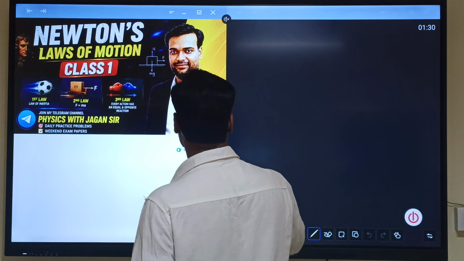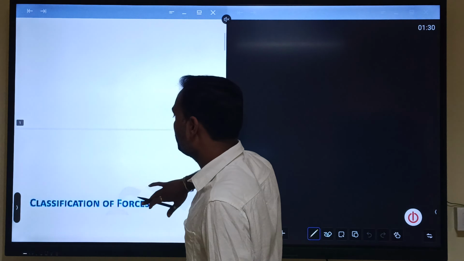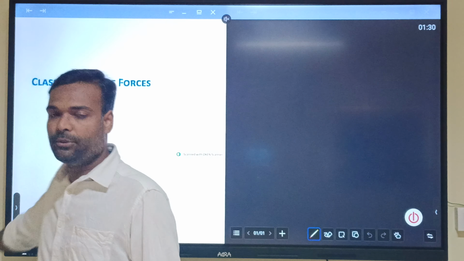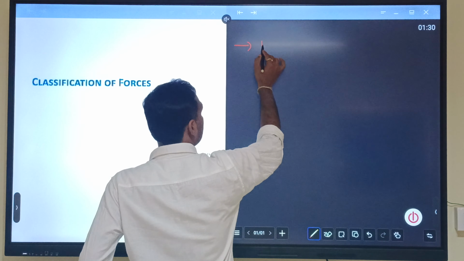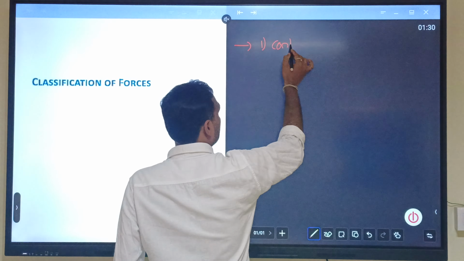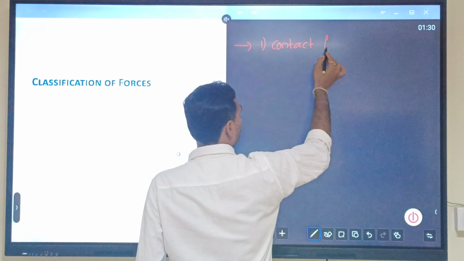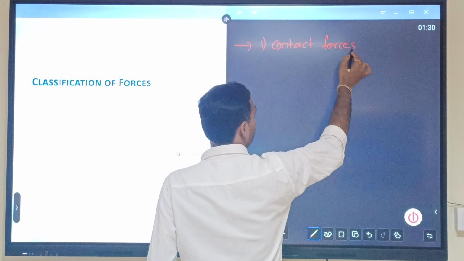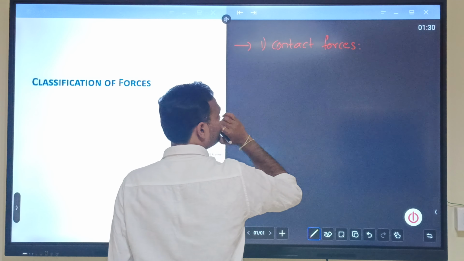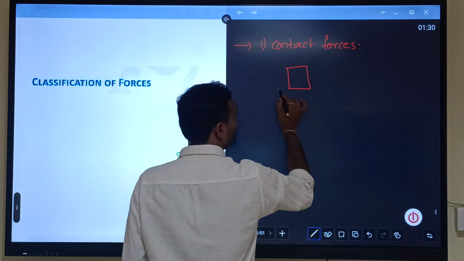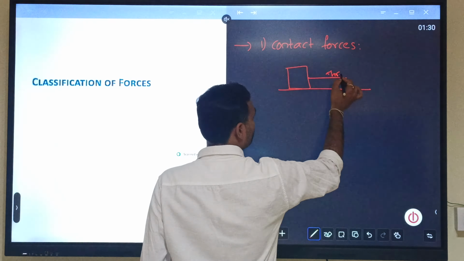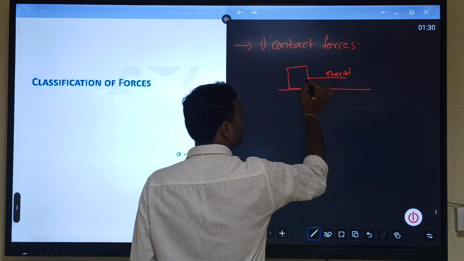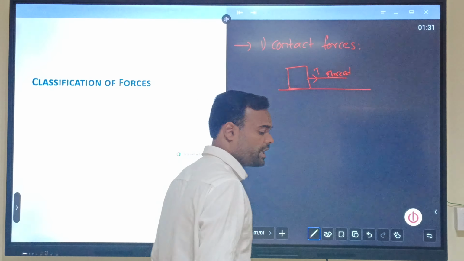In Newton's laws of motion, the first point is what the different types of forces present are. Forces are of two types. Number one, contact forces. Contact forces means, I will give you an example. Suppose a block is present which is tied with a thread, then a tension will develop.